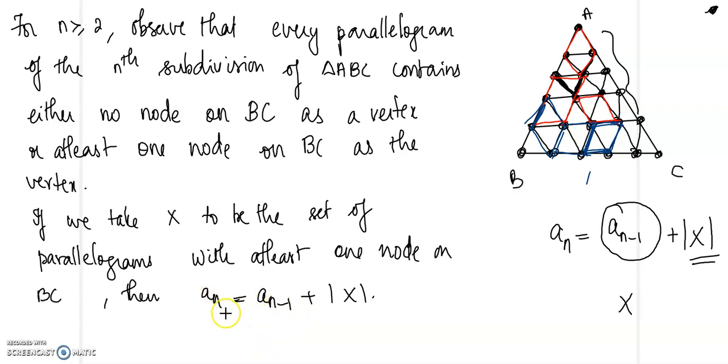So the number of parallelograms in the nth subdivision will be the number of parallelograms in the n minus 1 subdivision plus the number of parallelograms with at least one node on BC. Now let us count cardinality of X. We shall count cardinality of X indirectly.